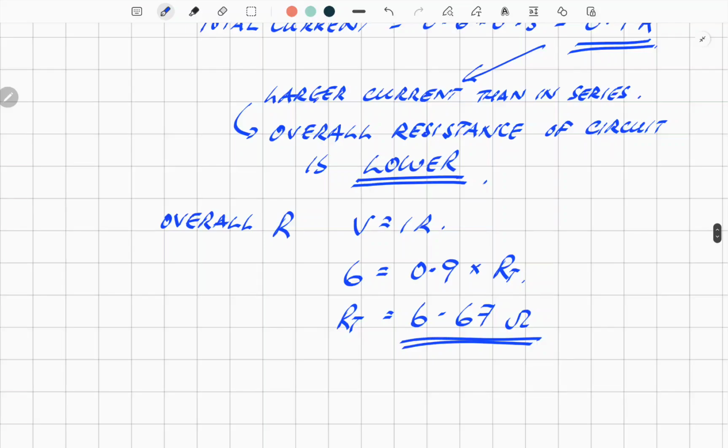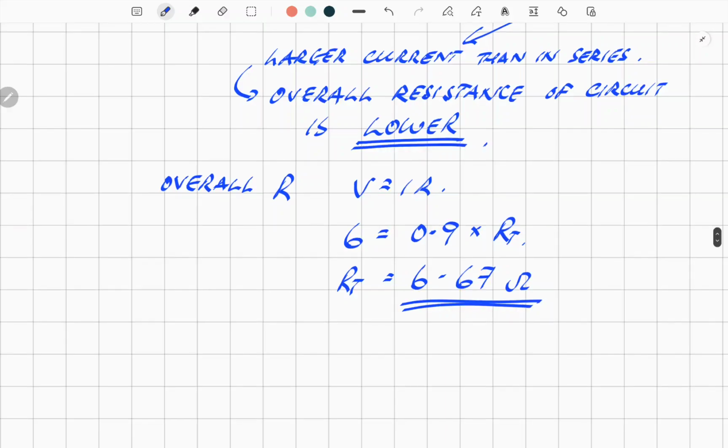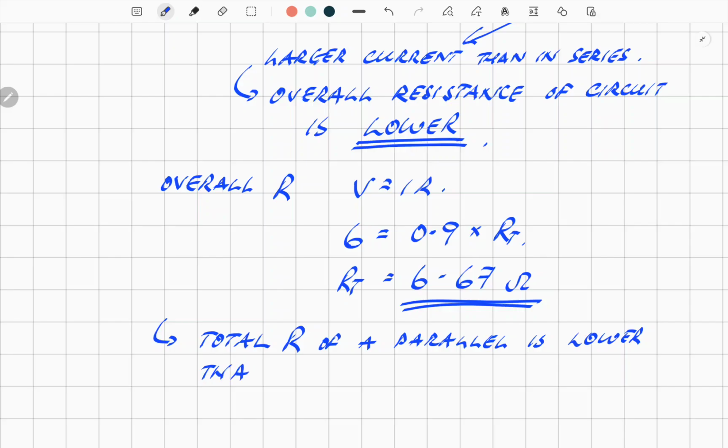Now, this is a really important result. I need you to understand this one thoroughly. In a series circuit, the resistance of those two resistors was 30 ohms, because you had to go through them one after another. But in a parallel circuit, the overall total resistance of a parallel circuit is lower than the lowest resistor.